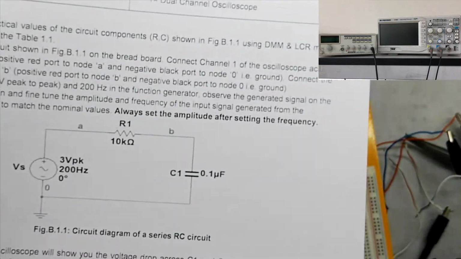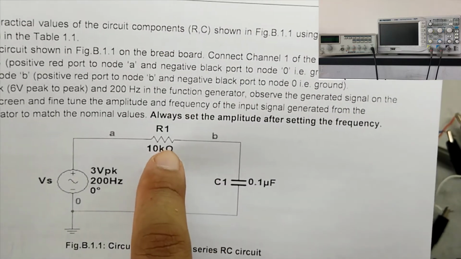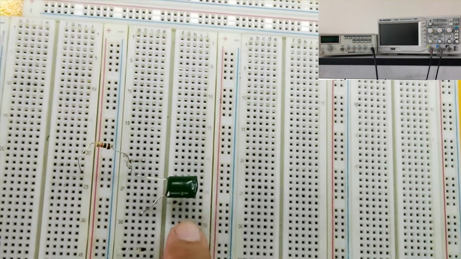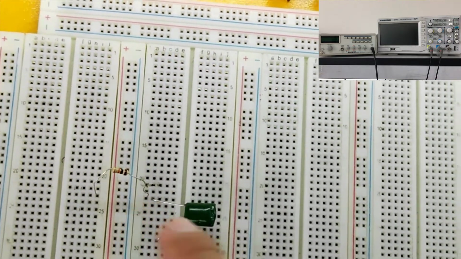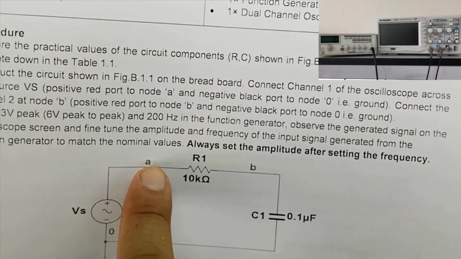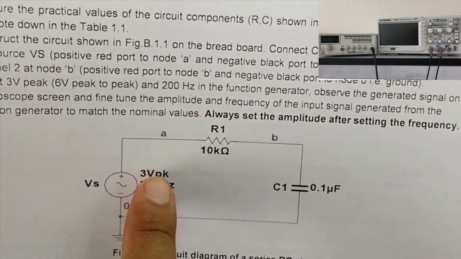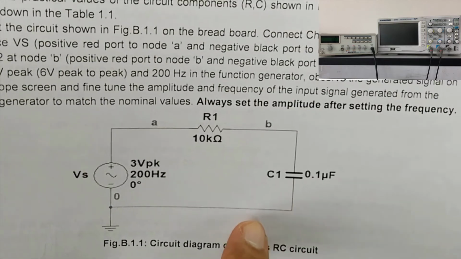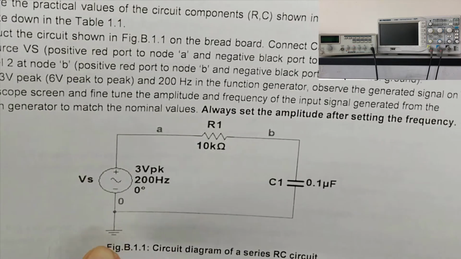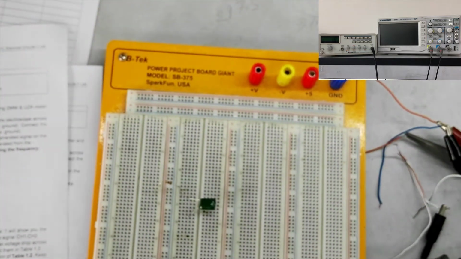From the circuit you see that the common node where we have both the legs of resistance and capacitance is B. This end of the resistor is A, where we'll connect the plus of the function generator, and the other leg of the capacitor is node 0, where we'll attach the negative polarity or black wire of the function generator. So we'll do that now.